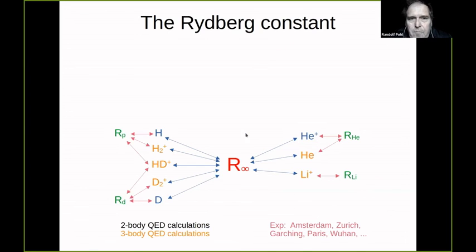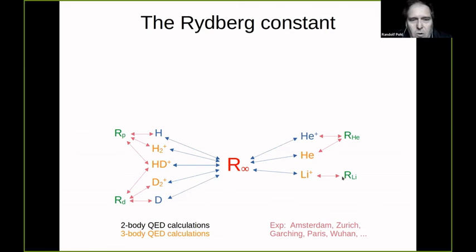Okay, but you can also use these molecular ions, or helium atom or lithium plus, as we just heard in this talk today, if you have accurate 3-body QED calculations, and you also need to have these charge radii, and then you will be able to determine the Rydberg constant from molecular ions, from atoms, and what Christoph just said, and from lithium. So we need a lithium nuclear charge radius, and we're thinking of ways to do that from Munich atoms.